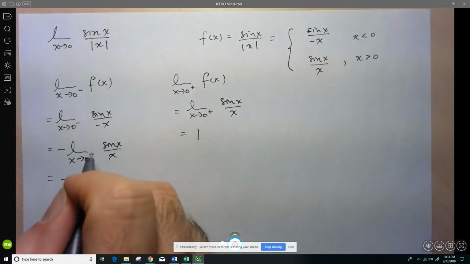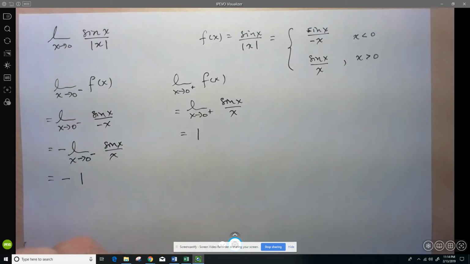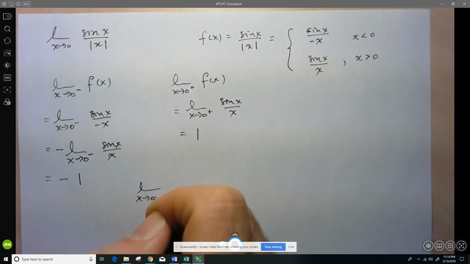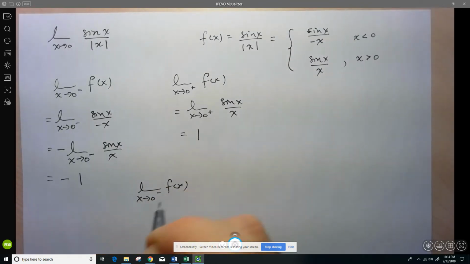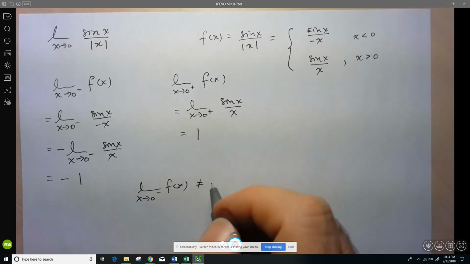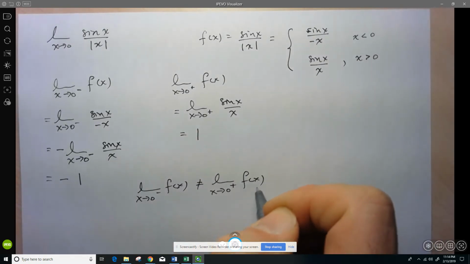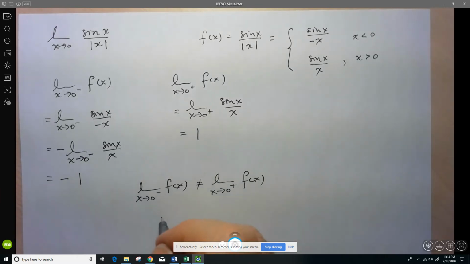So we have the negative, and then this limit here is equal to 1. And so what we have is that the limit as x approaches 0 from the left is not equal to the limit as x approaches 0 from the right. All right, so this limit does not exist.